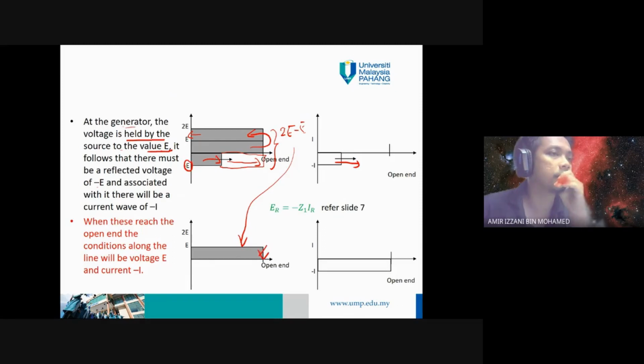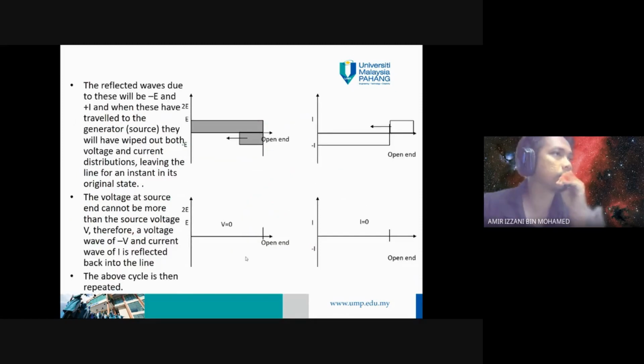It's only E with current negative I. The reflected wave due to this will be negative E and positive I. And when this has traveled to the generator, they will have wiped out both voltage and current distribution, leaving the line for an instant in its original state.